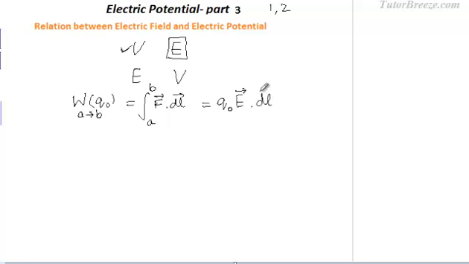So we have E dot dl, and since Q is a constant, we put it outside the integral sign. Now dividing both sides by this test charge Q naught gives us integral E dot dl.